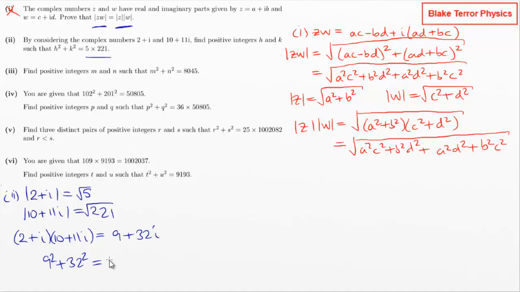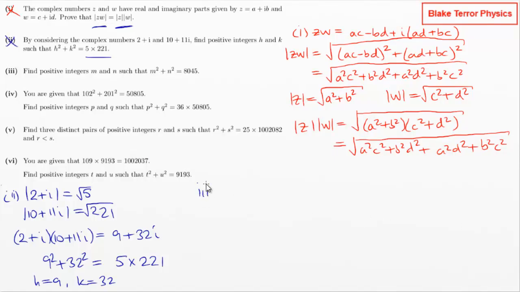I can get rid of square roots on all of these. That's going to be 5 times 221. If I was actually doing the modulus on all of these things, of course I'd have square roots, but let's just square everything. So I think that's what I want, isn't it? So I've got 9 and 32. So h equals 9, k equals 32. Or the other way around, whatever way we want to do it. Okay, that was a quick one.